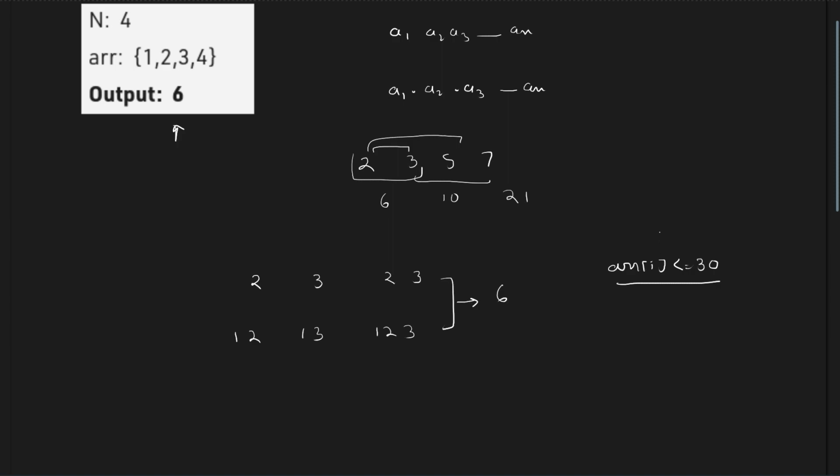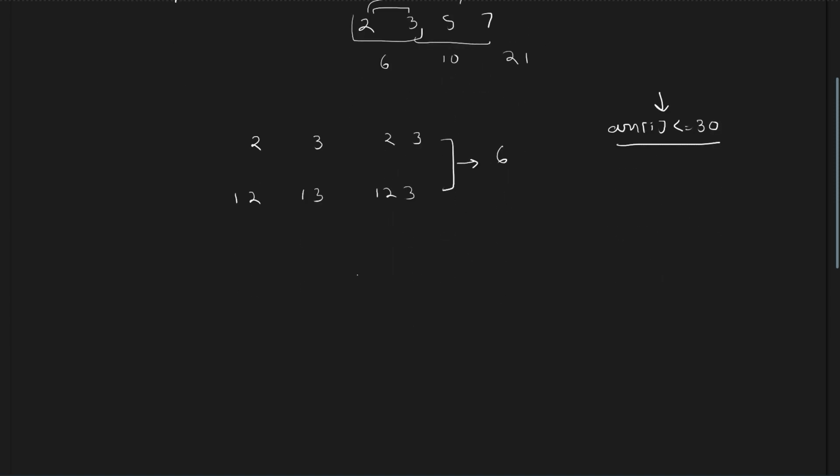Why? Because if array[i] is itself less than or equal to 30, then the primes whose product we are taking should also be less than or equal to 30. So all the prime numbers less than or equal to 30 start from 2, then 3 and 5, and so on up to the last prime number, which is 29, I guess. These are a total of 10 values. So there are 10 primes between 2 and 30.